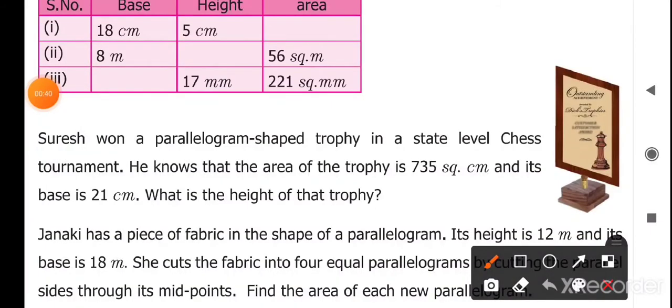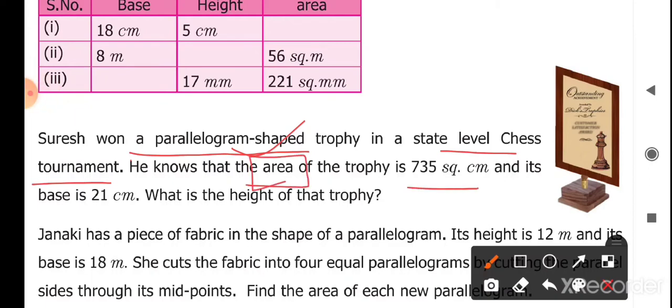Question number 3. Suresh won a parallelogram shaped trophy in a state level chess tournament. He knows that the area of the trophy is 735 square centimeter, and its base is 21 centimeter.